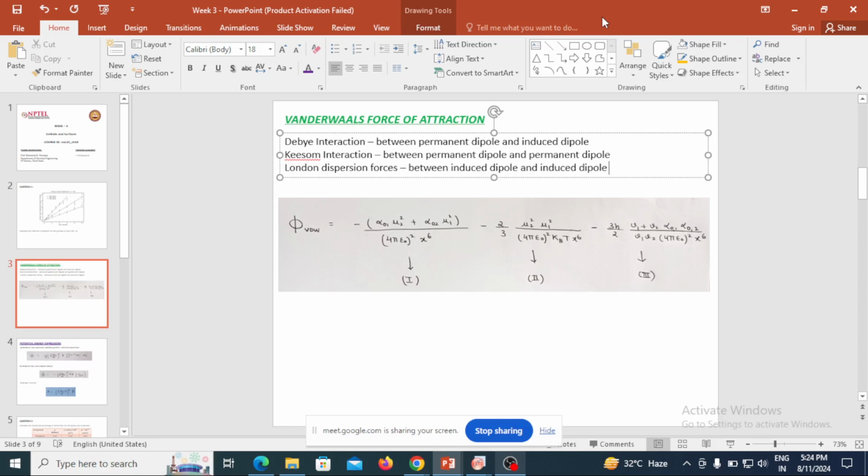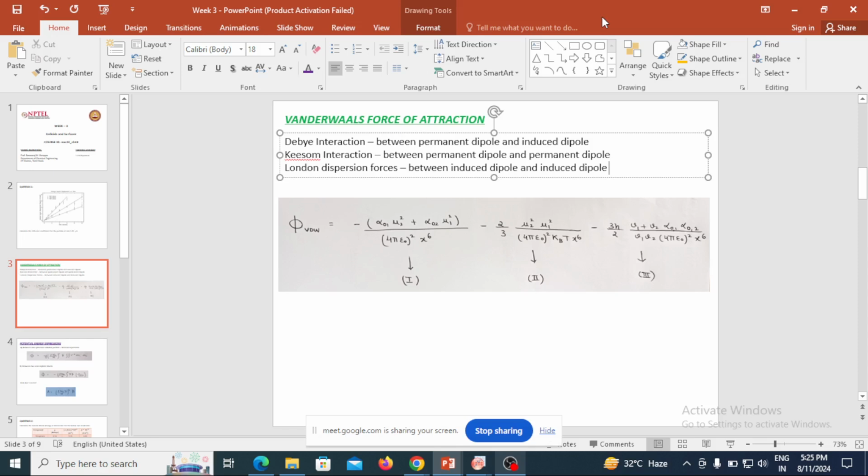When that happens, we say that the dipole moment is induced in the molecule. This inducing of a dipole could also happen because of disturbances in the electronic cloud around the nucleus. So the electronic cloud around the nucleus gets distorted. That is an induced dipole.